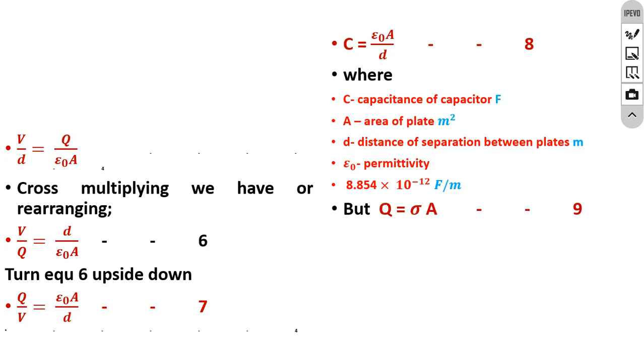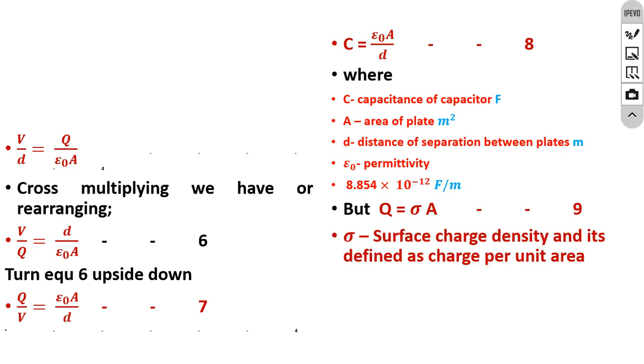If you have not watched the first part of this topic, I would advise you just go and look at it, because I know you will learn other new things in that topic. Okay, so we also had that the charge Q equals to the product of area and the surface charge density. So if we make the surface charge density in equation 9 the subject, we would always generate equation 10.